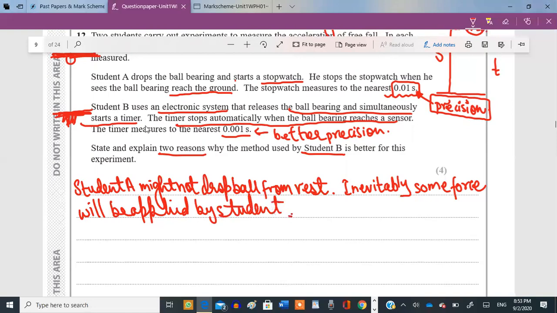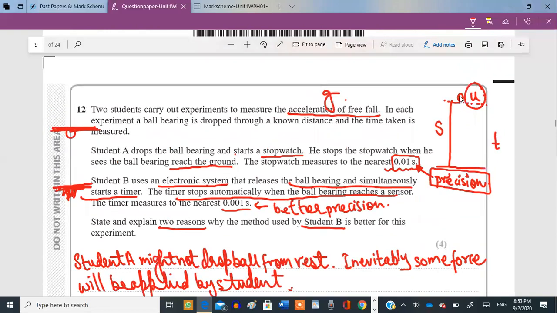The second reason that we could explain: if you look at the ball bearing, as soon as it is dropped, the timer is started, and then as soon as it touches the base, the timer is stopped. If you are measuring the time manually, then there is a very big chance of reaction time error, or human reaction error. We might not stop the watch at the same time as the ball hits the ground.